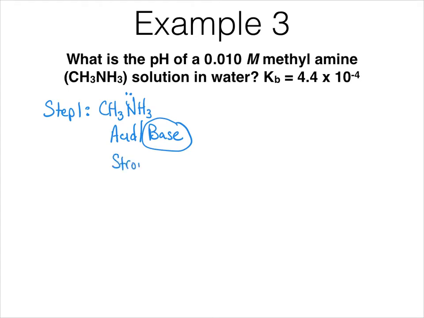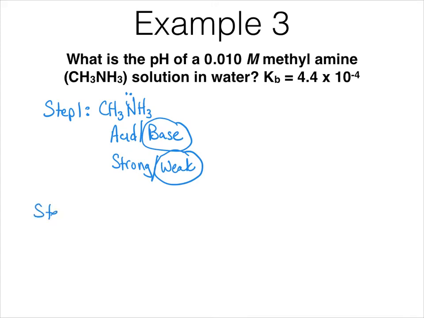So now we have to decide if this base is strong or weak. And since this is not one of our strong bases, remember our strong bases are things like sodium hydroxide, hydroxides or oxides. Since this is not one of our strong bases, we know that it has to be weak. So we now know that we are working with a weak base.